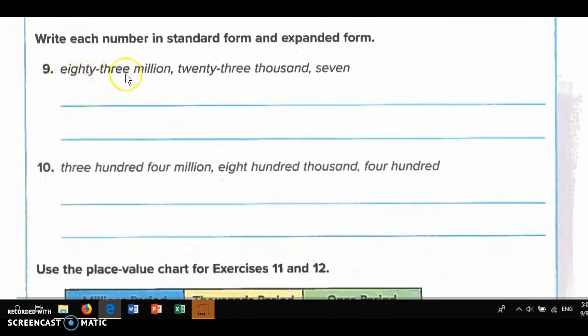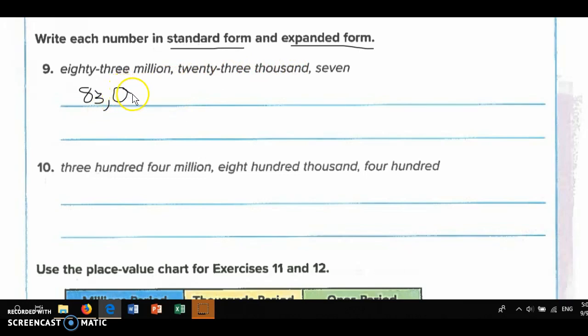Here I give you the word form. You have to give me the standard form and the expanded form. Let's see. 83 million. So you're going to give me the number 83 million. 23,000. So there's no 100,000.